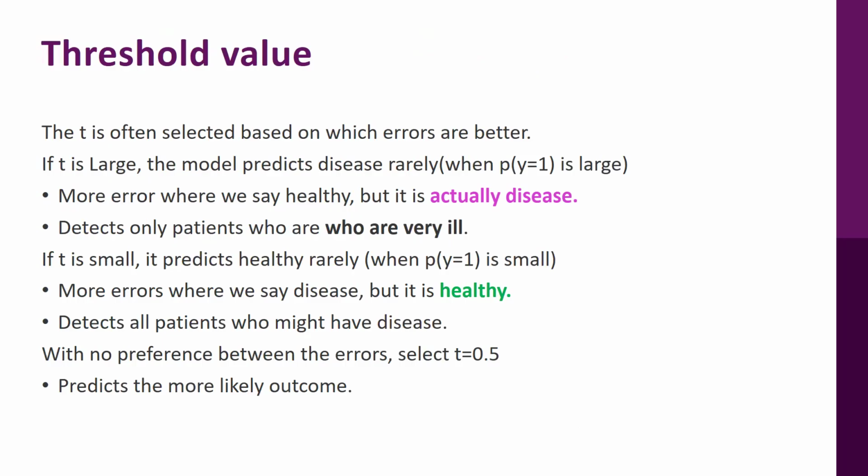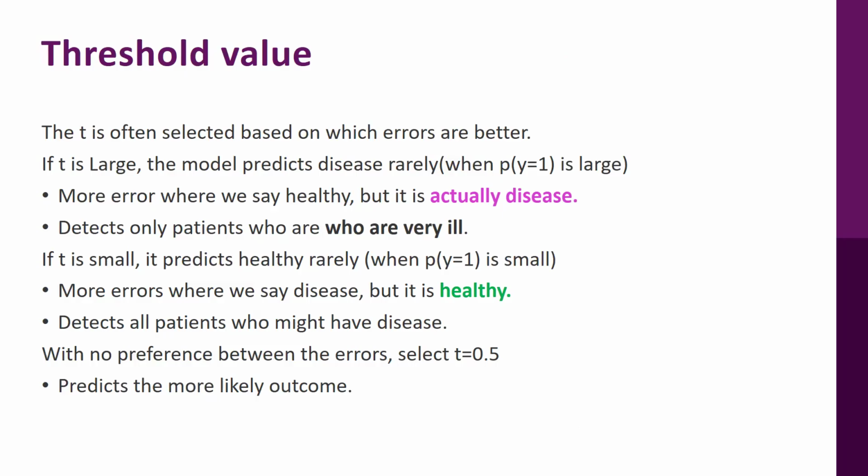However, in this instance, it's very important how you set the threshold value. The threshold value is often selected based on which errors are better. If we set the threshold value very large, then our model would predict the positive class very rarely.